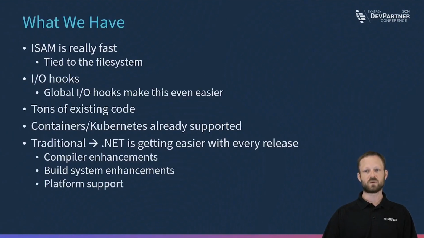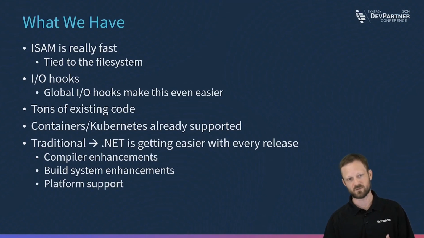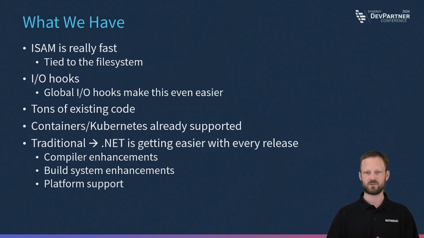And what do we have? What's our starting point? We have a couple of building blocks that make our life better. ISAM is really fast. It has the downside that it's tied to the file system, and file systems are not super great distributed, but ISAM itself, real fast. We have I/O hooks. This is really kind of our secret sauce. This is how we enable almost everything that we do.